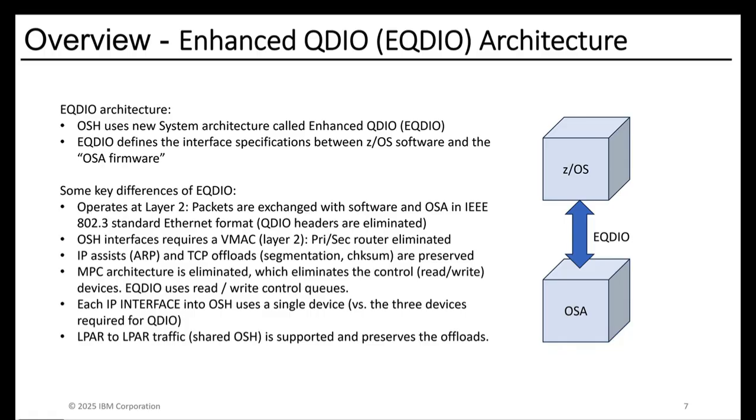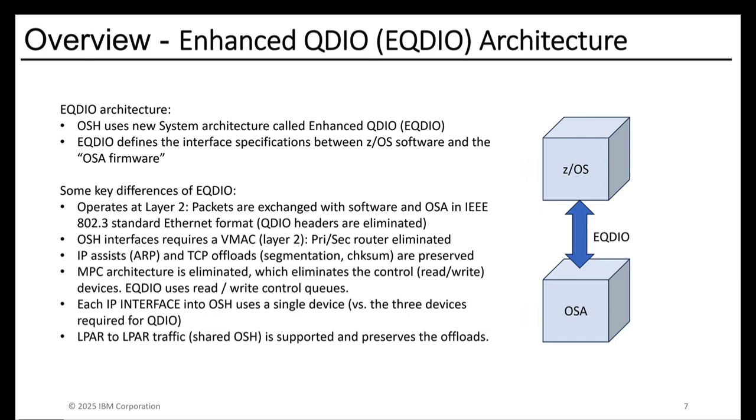So as packets come on and off the card into z/OS, they are fully formed IEEE 802.3 standard Ethernet frames. So that's different. In the past, when the packets would arrive in z/OS, they would have a QDIO header, and the adapter itself would transform them for us. That transformation is gone. OSH interfaces require a virtual MAC then, so VMACs are no longer optional, and the whole concept of turning a VMAC off and using primary-secondary router is gone.